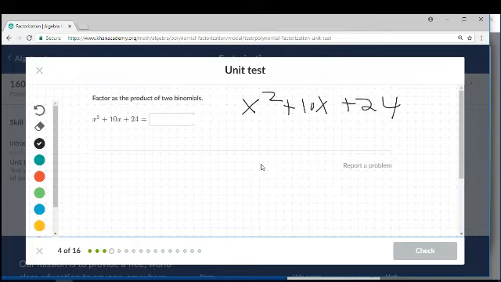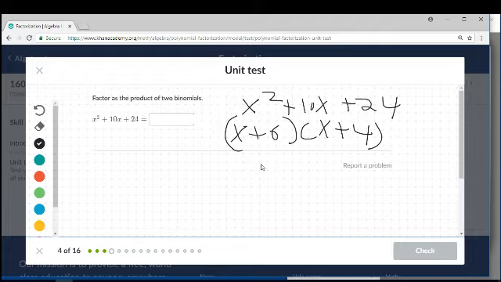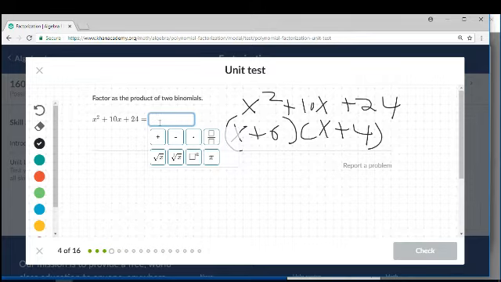We have to multiply to 24 and add to 10. So let's look at x plus 6 and x plus 4. Well, 6 times 4 is 24. 6 plus 4 is 10. So that should work. X plus 6 and x plus 4.